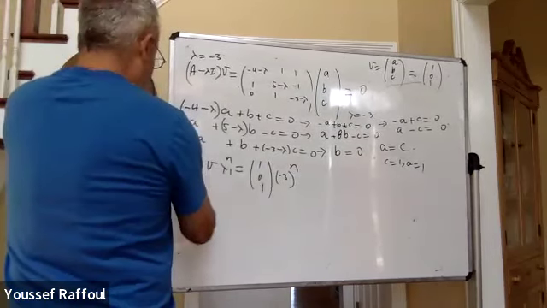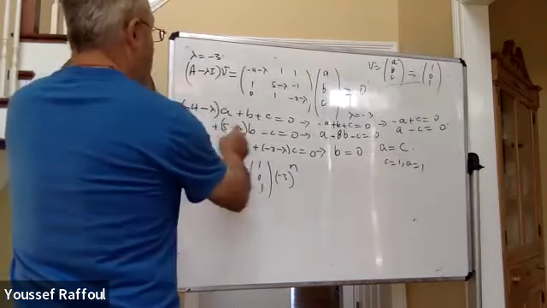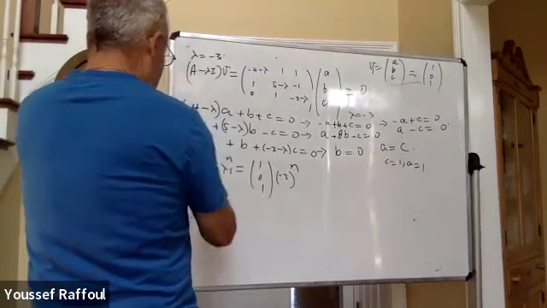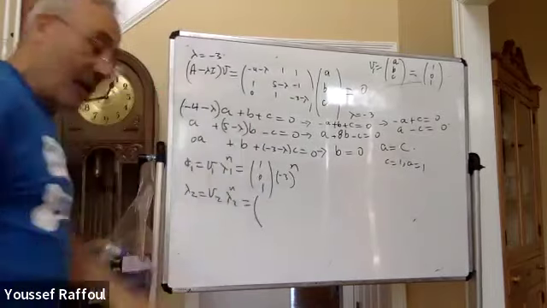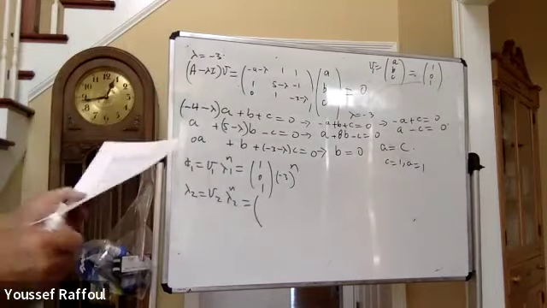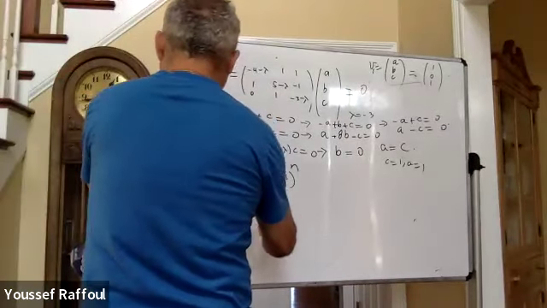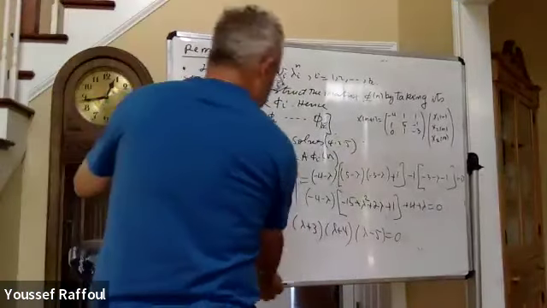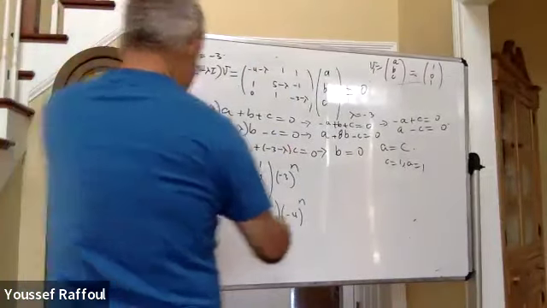And so for lambda 2, let me call this V1. For lambda 2, we have V2 lambda 2 to power n. So I'm gonna skip it: (1, 0, -1) times -4 to power n, because we have lambda equal -3, lambda equal -4.